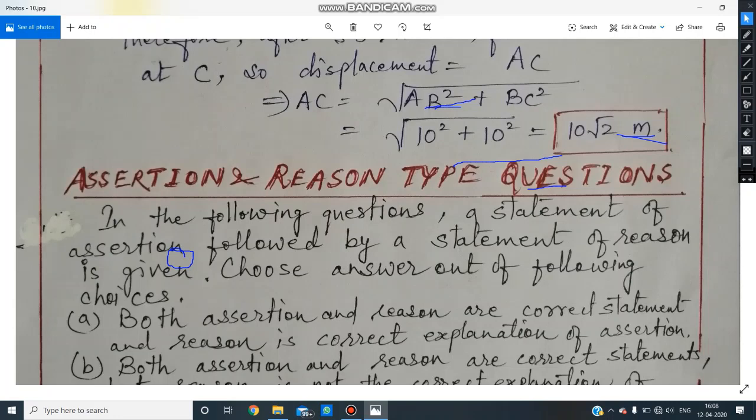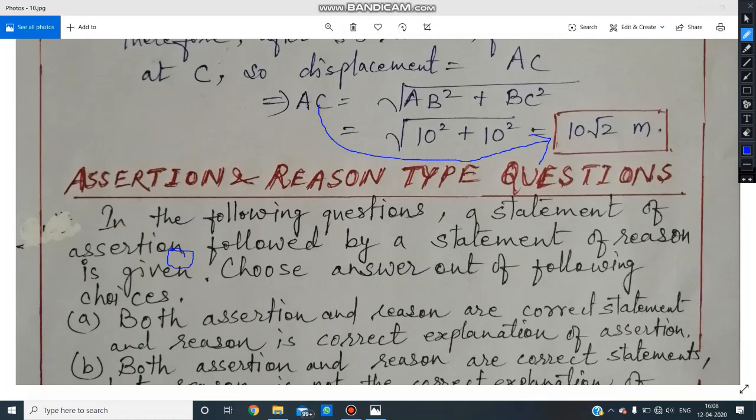AC is equal to square root of AB square plus BC square, as AB and BC both are the sides of the square. So putting their values as 10 each, we get the answer for AC equal to 10 root 2 meter. So this is how we calculated the magnitude of displacement in this given case.